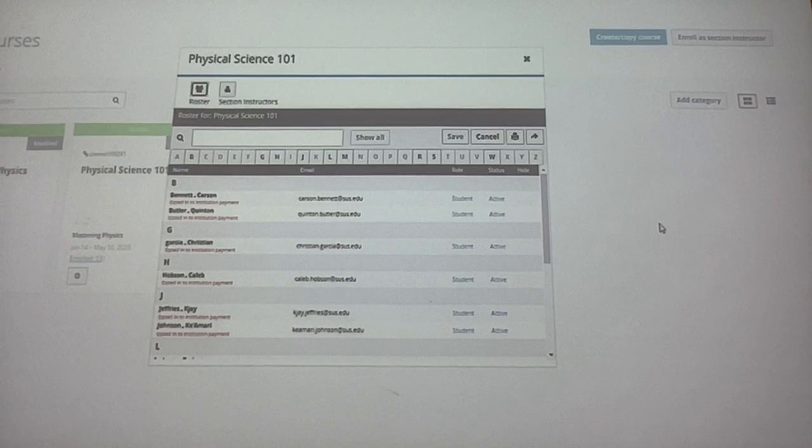Oh, because it's saying it expired. What expired? The enrollment dates. All right, I could probably change that.